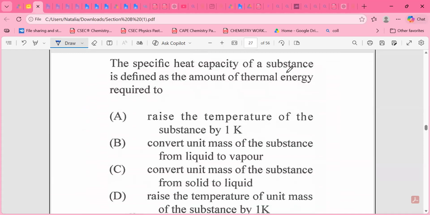Specific heat capacity of a substance is defined as the amount of thermal energy required to... So C is equal to EH over M delta T. So what's the answer?